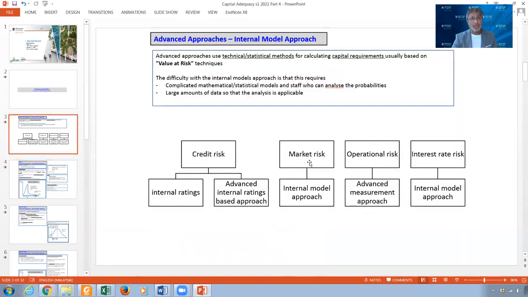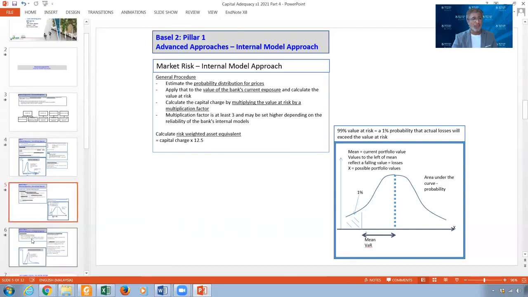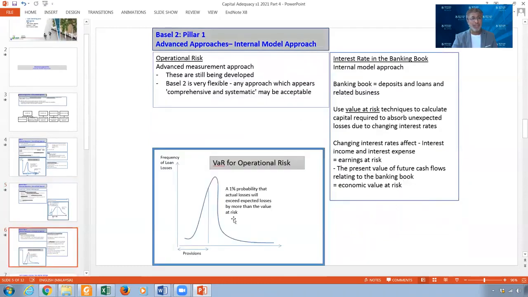Now, if you look at the market risk, for which we use the internal model approach, as you can see, it's very easy. If you have the prices here, and this is the VAR, which is the decrease in the value, and this is 1%, you just calculate this, and this is actually the market risk. Operational risk is the same thing.